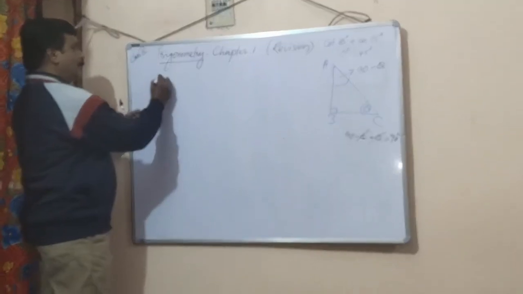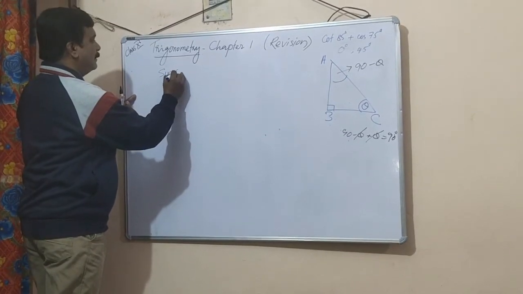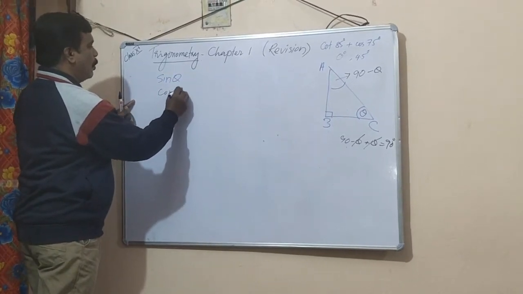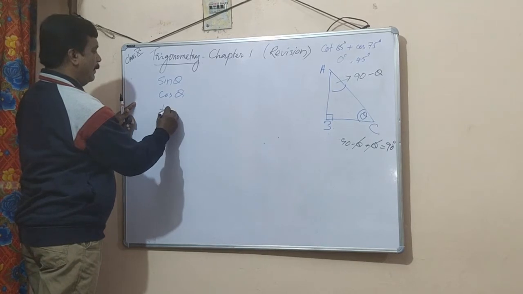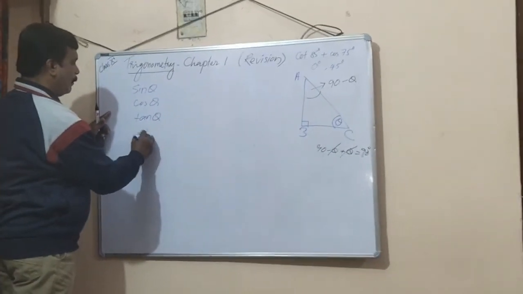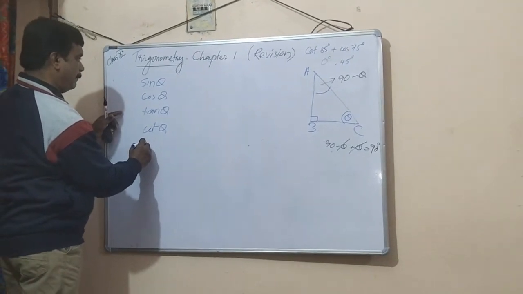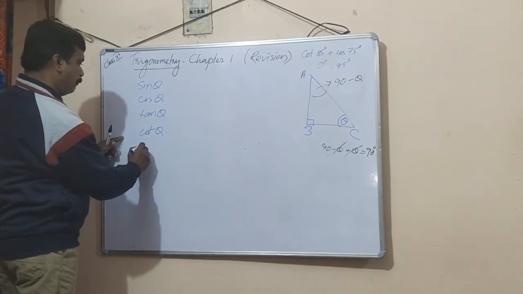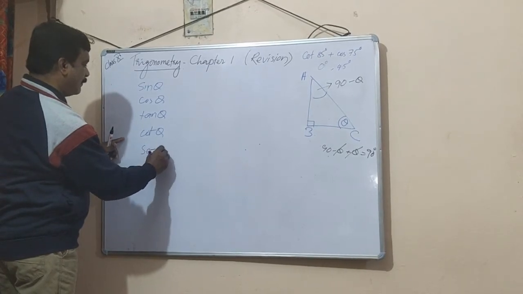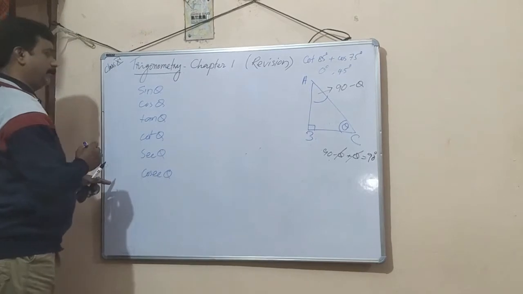Reciprocals. You know, there are 6 trigonometric ratios: sin theta, cos theta, tan theta, cot theta, sec theta, cosec theta.